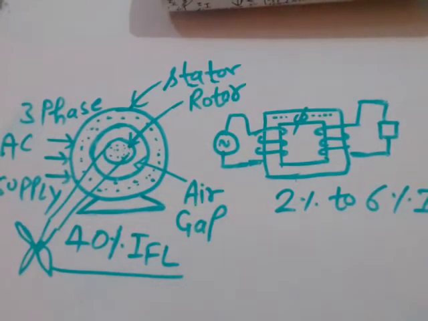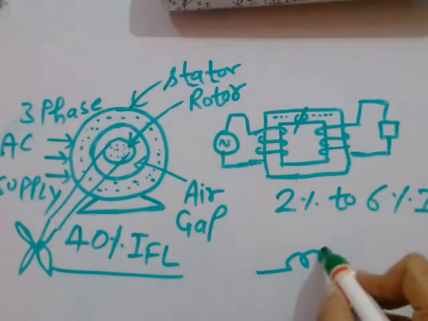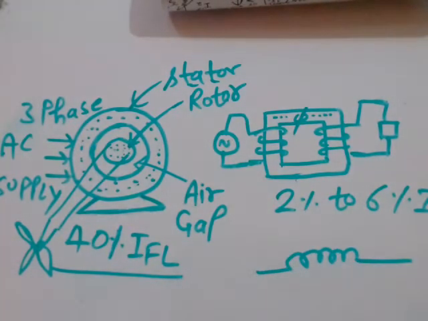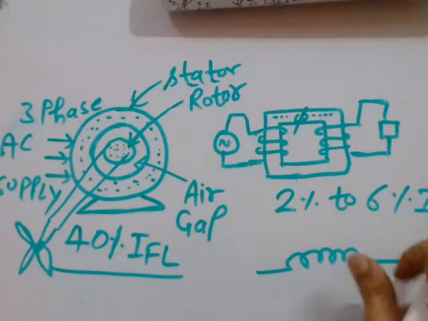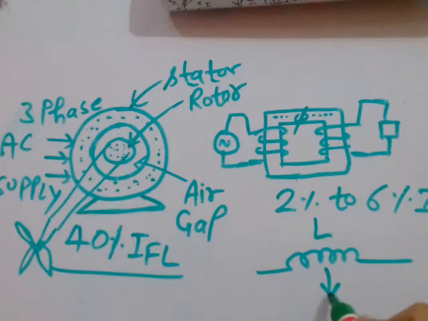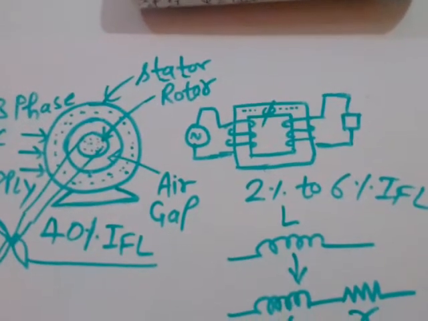One more thing, let me discuss that winding basically refers to an inductor. Winding means inductor, and its electrical representation will be like this. Due to inductance, you will get inductive reactance XL, and with this you will have some small resistance. The resistance is very small, or you can call it a residual resistance.